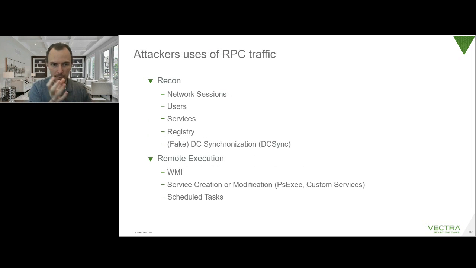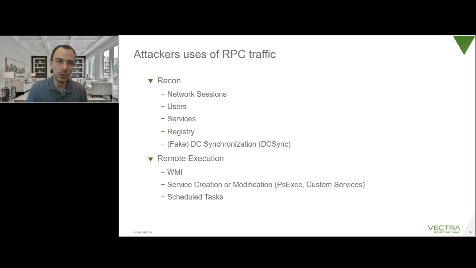So, from the attack perspective, as I was saying, what's the information that we want? All right, I want to know network sessions. I want to know the users. I want to know what do I have access to. DCSync, fairly popular. That's fake DC synchronization, using a normal process that you would see between domain controllers, and using that to pull all the data as the attacker and use it maliciously.